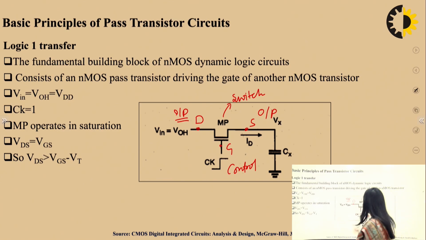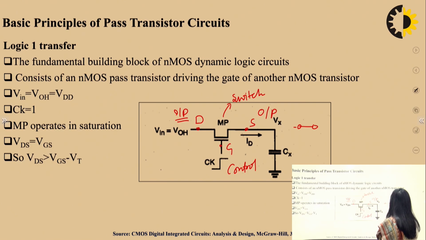How? Because this is NMOS, and we know that if the input at the gate of an NMOS transistor is greater than the threshold voltage, then the transistor will turn on like a closed switch. If this signal is high, this NMOS can be replaced by a closed switch, and if it is low, then it can be replaced by an open switch.